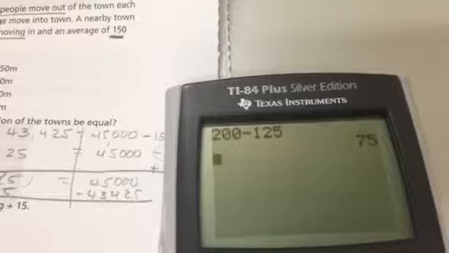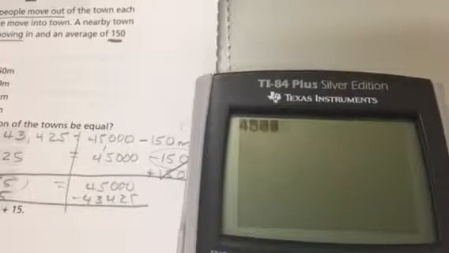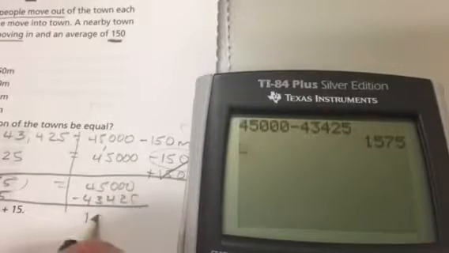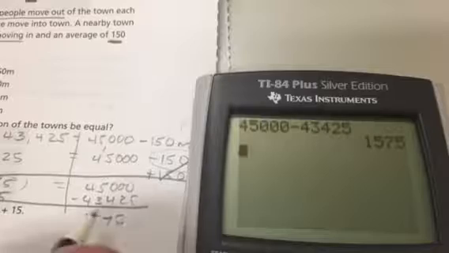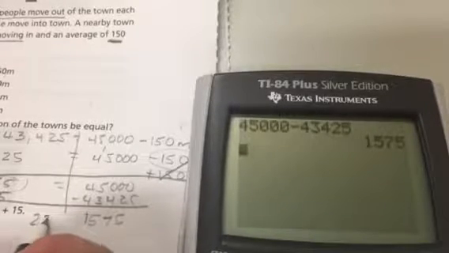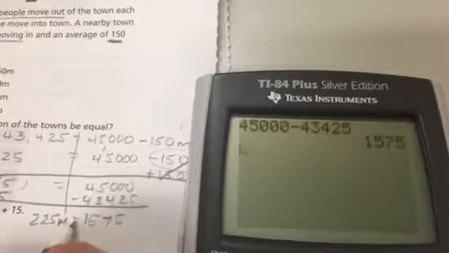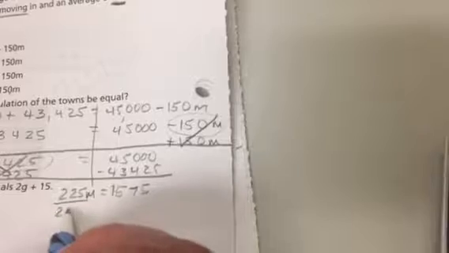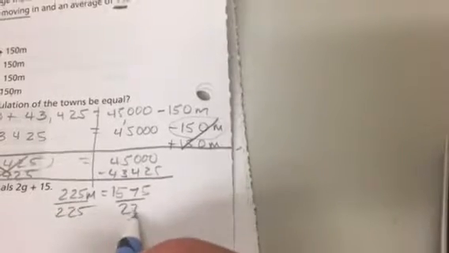So on my calculator, if I do 45,000 minus 43,425, I get 1,575. And I'm left with 225 people per month. So to solve per month, to find out the number of months, I would divide by 225.